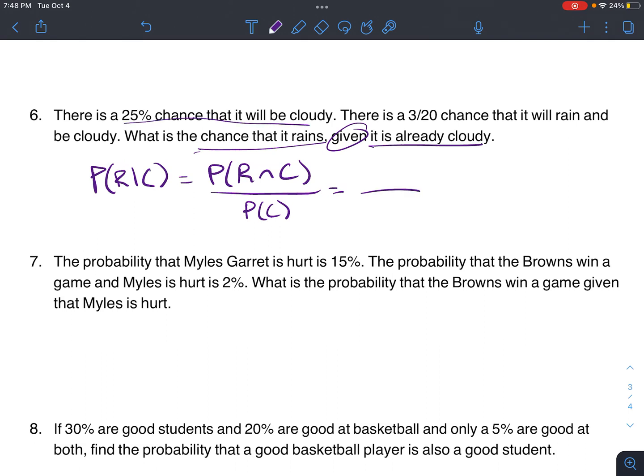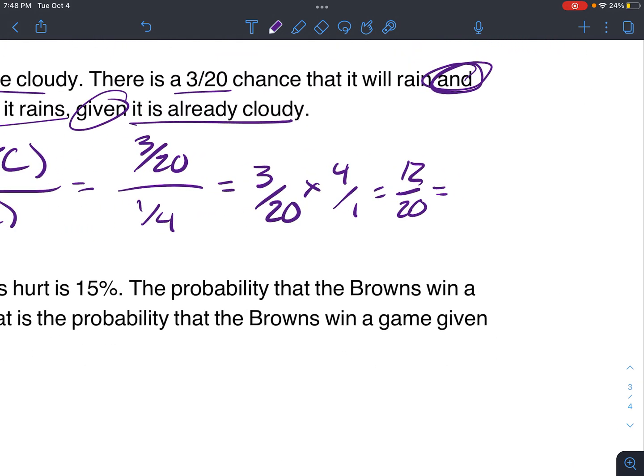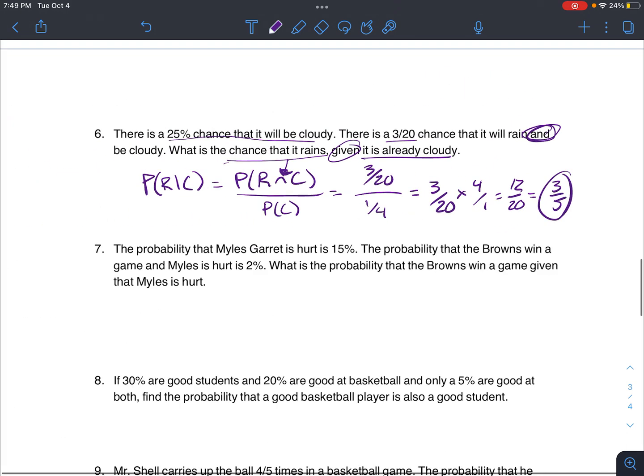So 25% said it's cloudy, so we could write that as 1 over 4. And 3/20 chance it will rain and be cloudy, for the and, to help you fill in this top part, once again. So 3 over 20 is going to equal 3 over 20 times 4 over 1, or 12 over 20, and divide each by 4, 3 over 5.